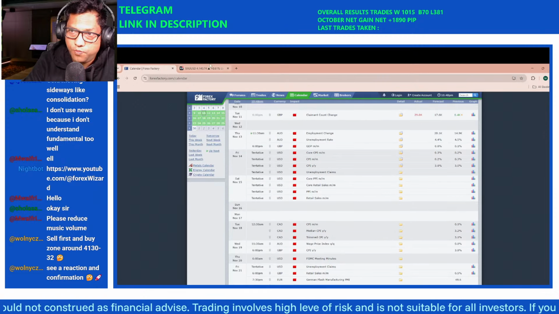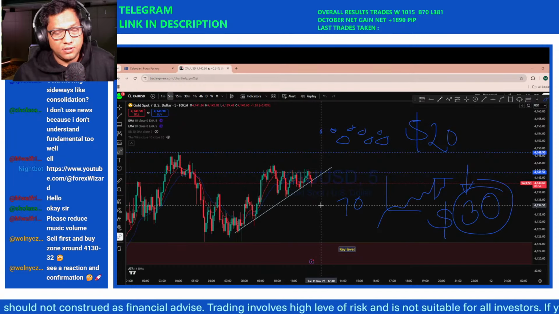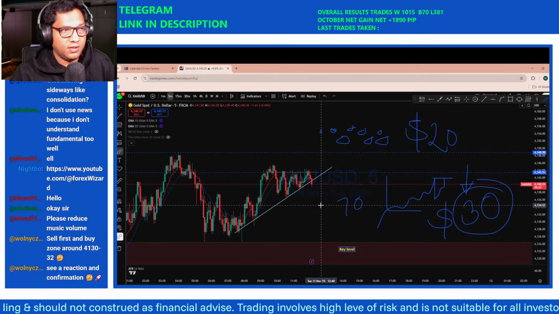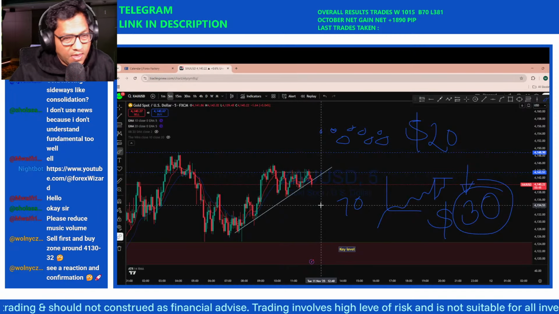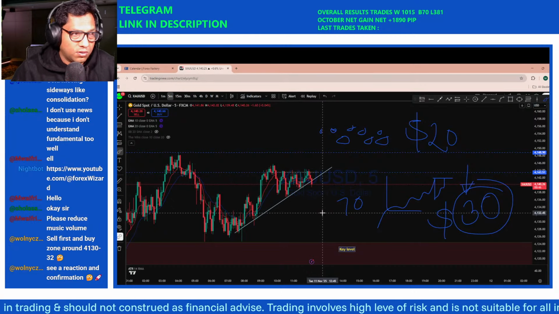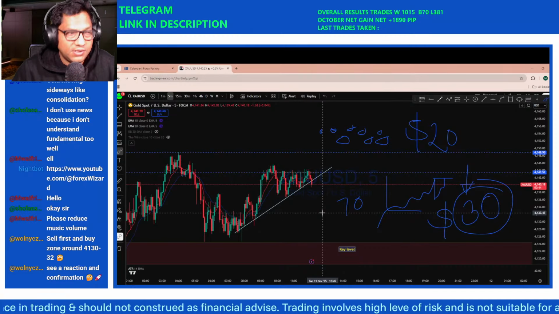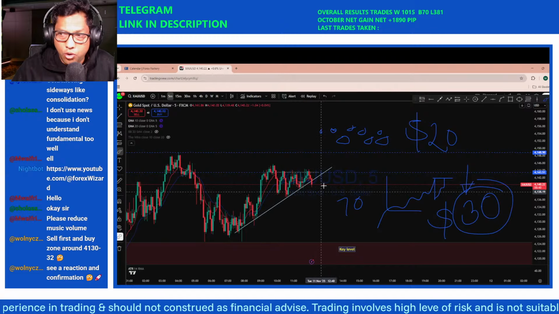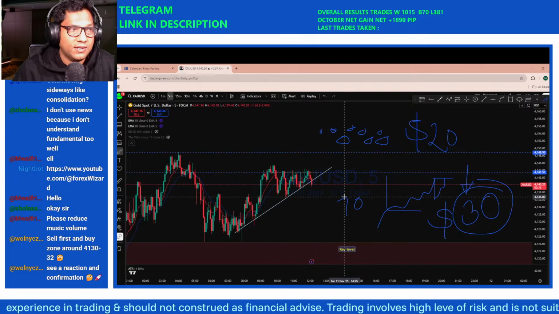Now let's look at events outside of economic events. There might be other events, right? There might be war or natural crisis or anything. All of them contribute to gold price increases.